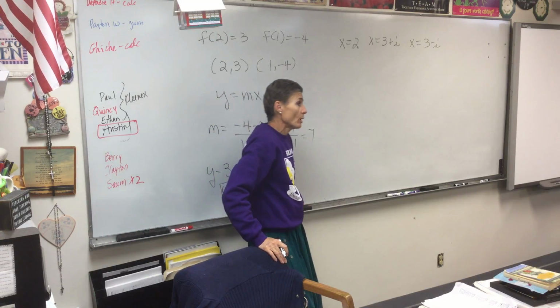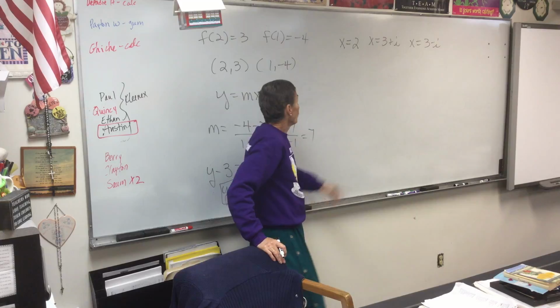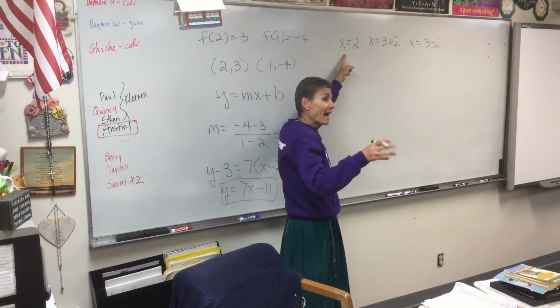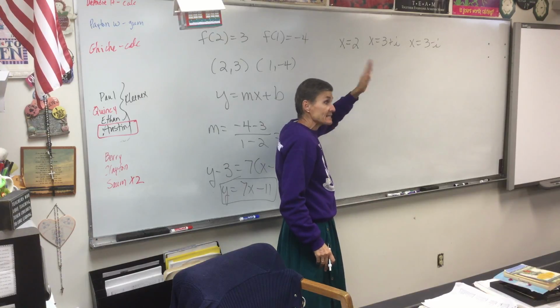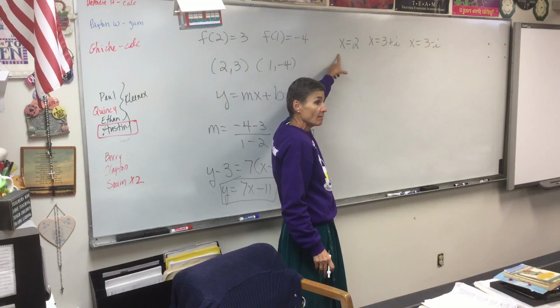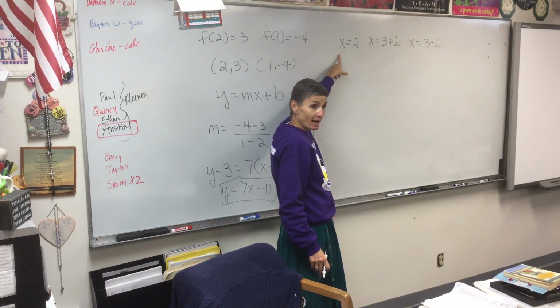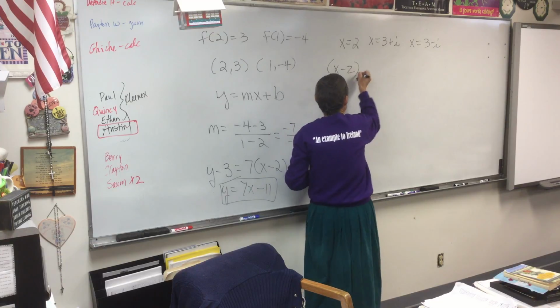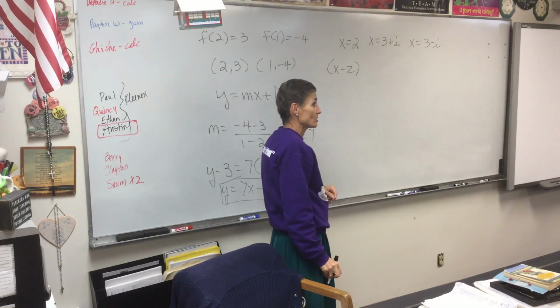Now, how do you build the equation? Where did that come from? When you factored your problem, remember when you were guessing numbers and you put them in and you factor your problem? Where did that come from? x minus 2. So there was a factor that was x minus 2.